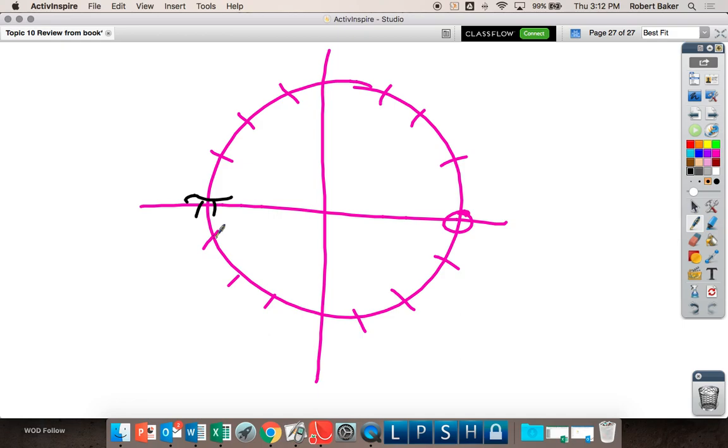What's half of pi? One. So we got 0, 1 half, 2 halves, 3 halves, 4 over 2, or 2 pi's.